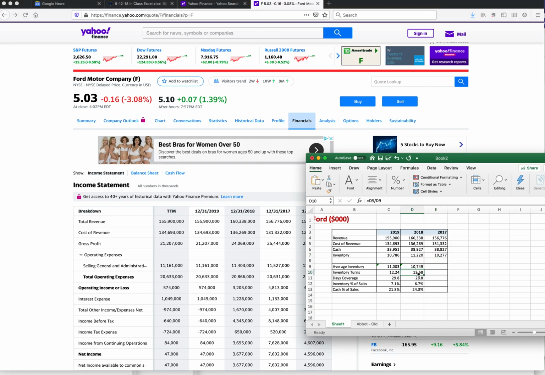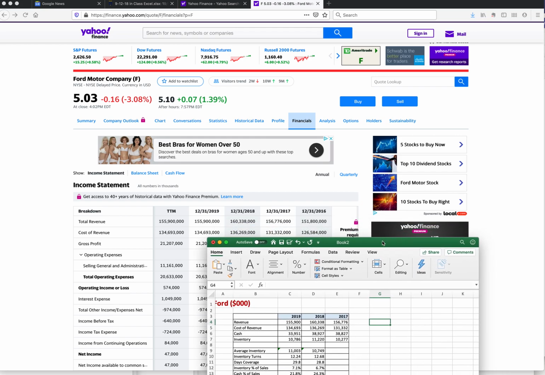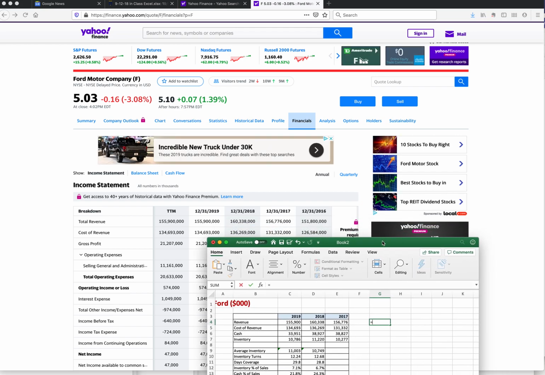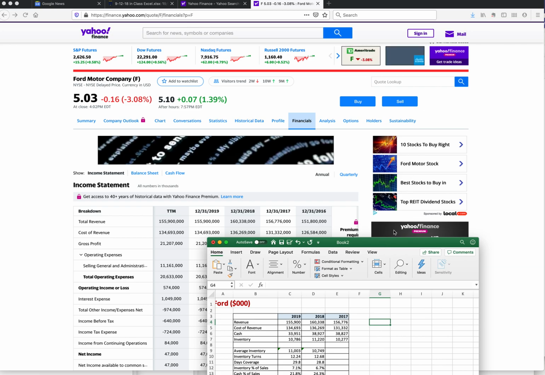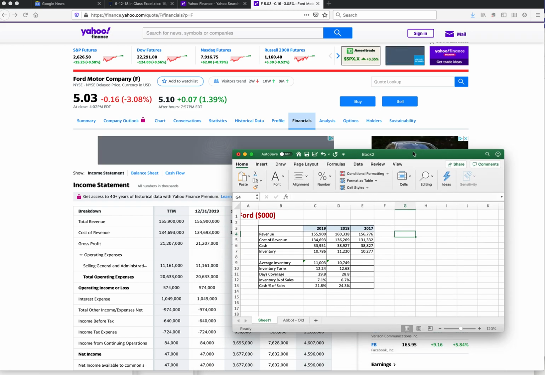Inventory turns are cost of revenue divided by that. So 126 divided by 9, you're getting 14 inventory turns. They used to be higher, I think in the 15s and 16s. But since they've been struggling with sales, their inventory turns have gone down, and they're probably carrying more inventory than they used to.